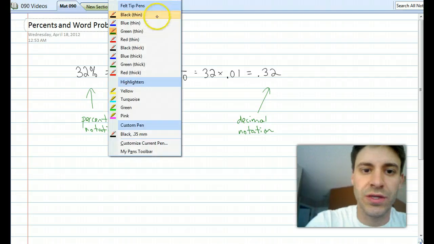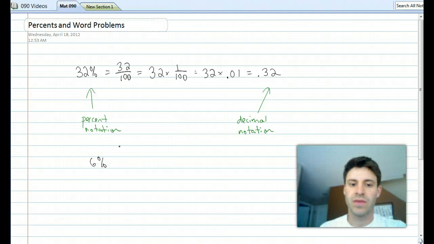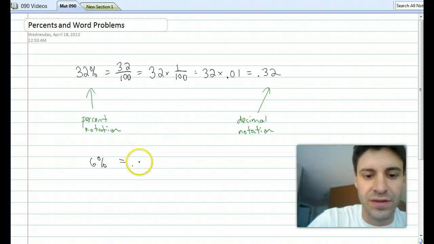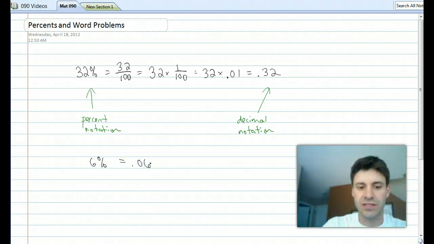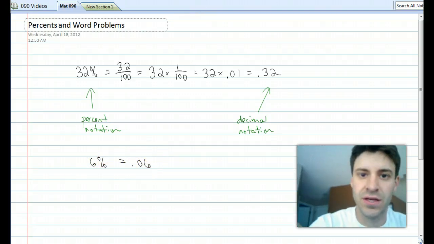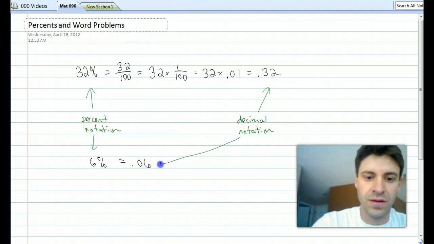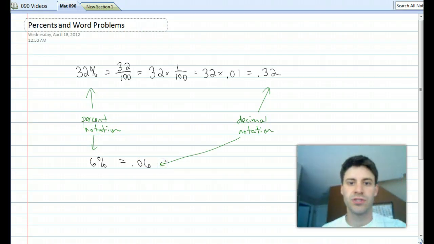So just as a really quick example, if you have something like 6%, you can write that as 0.06 very easily. We just move the decimal place on 6 to the left twice to get 0.06. And again, this one right here is percent notation. That one right there is decimal notation.